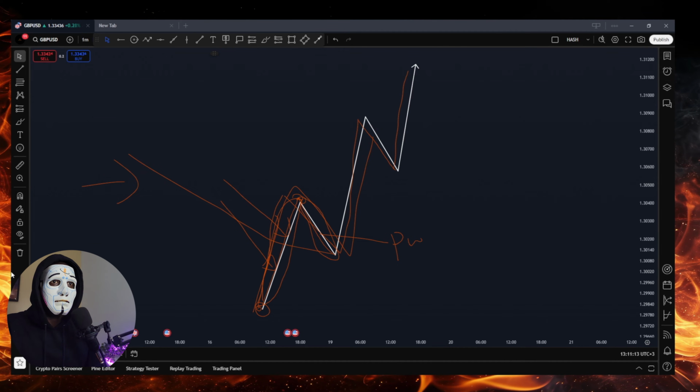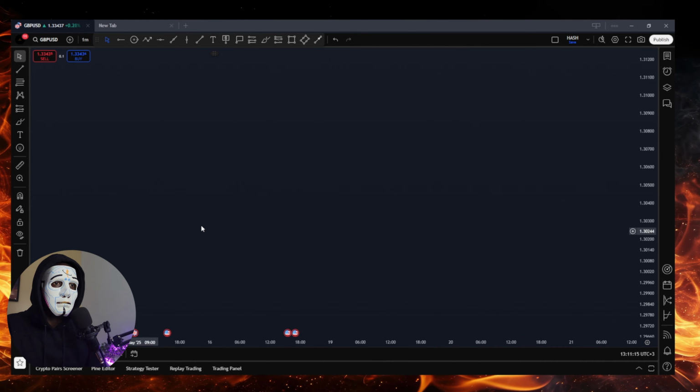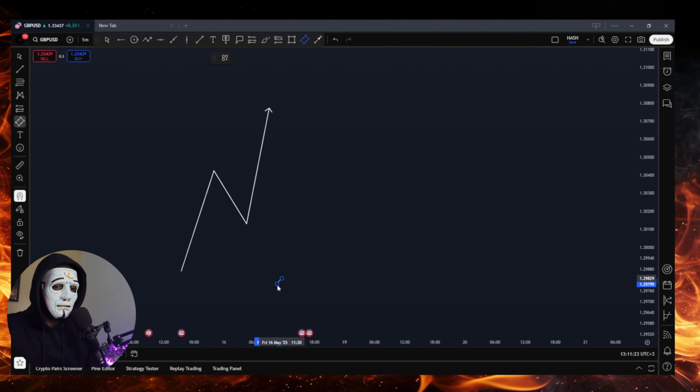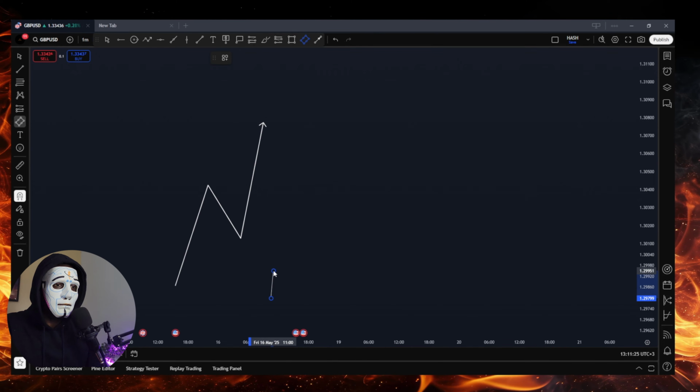Okay, let me delete this. When I do a line like this, it is the same thing as me drawing my candlesticks to the upside. Though the candlesticks will always take a lot of time, so I'm going to choose to use a line graph.